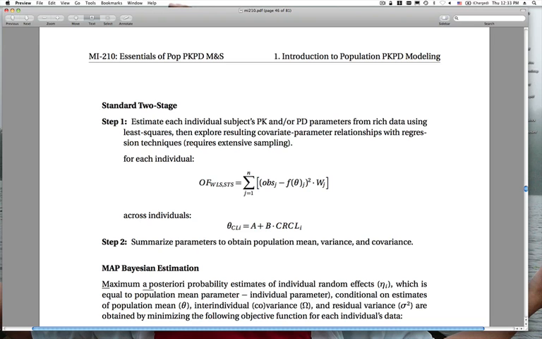Standard two-stage has been the gold standard for individual PK modeling, summarizing the data afterwards to derive measures of mean and variance. It can also be useful when you're interested in some of the population characteristics, although it has been shown to potentially lead to biased estimates of both the inter-individual and residual variability because of its two-stage nature. But overall, it's a very useful way to analyze data when you have extensively sampled profiles.